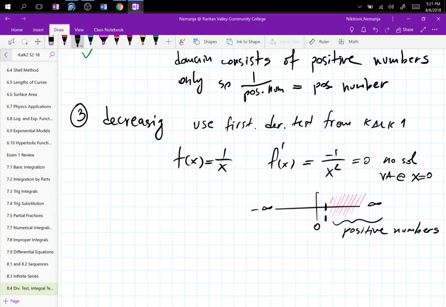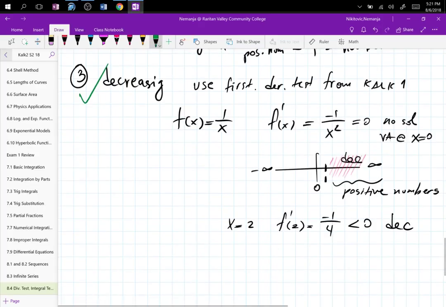So, pick number 2, let's say. So, x equals 2. So, f prime, computed at 2, is negative 1 over 4. So, that's negative 1/4. That's less than 0, meaning decreasing. And that's exactly what we need to show. So, decreasing, check. Yes, done. All conditions, let me write in green.